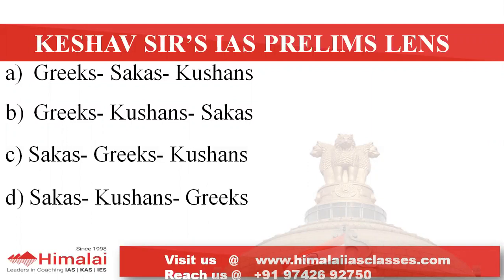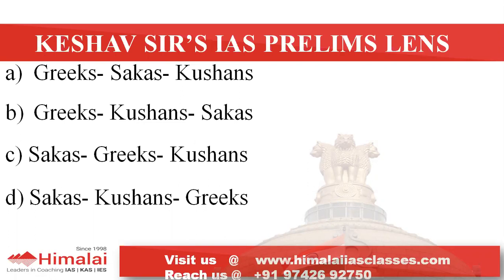The Greeks were followed by Shakas. They controlled much larger area and they were a collection of many clans. Among all of these clans, Rudradaman I was one of the major rulers of Shakas. Shakas were followed by Kushanas, whose founder was Cadphises I. It is also important to know that one of the major rulers of Kushanas was Kanishka, who ruled from 78 to 120 AD.